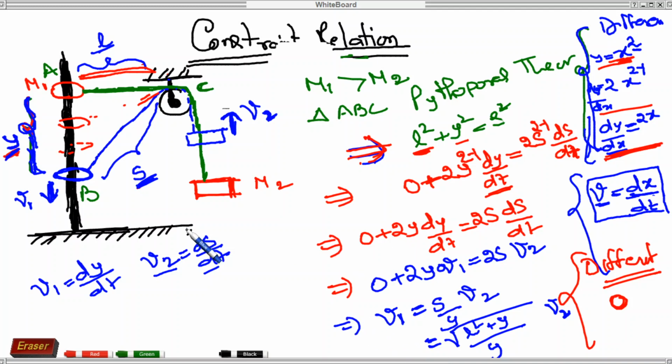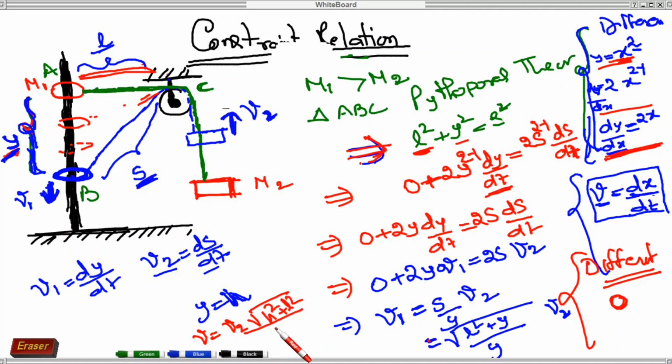If someone asks what would be the velocity of this ring when y is equal to h, you put y is equal to h here: v2 times the square root of h square plus l square over h. This would be the answer.